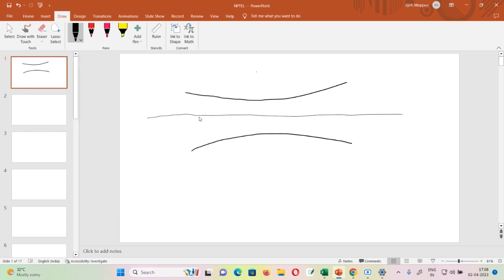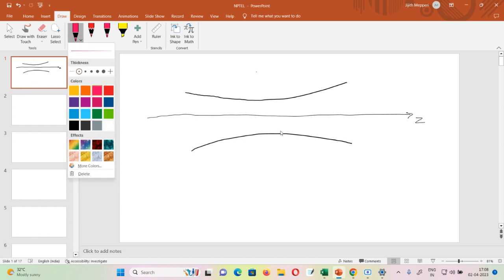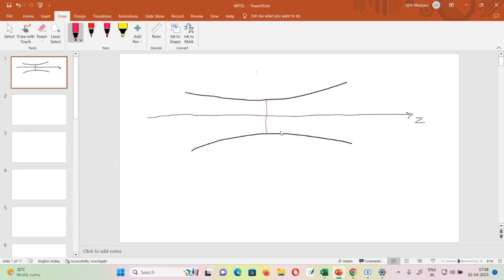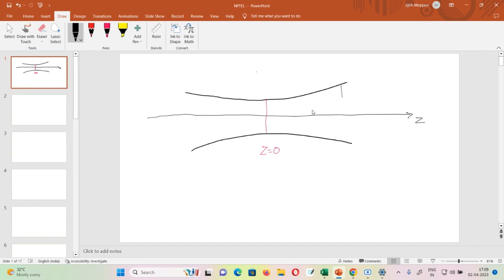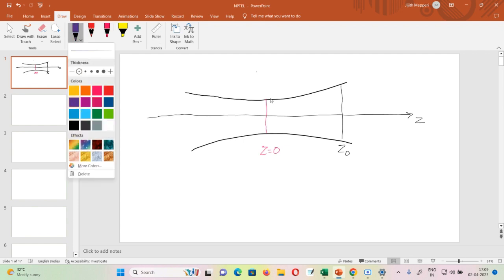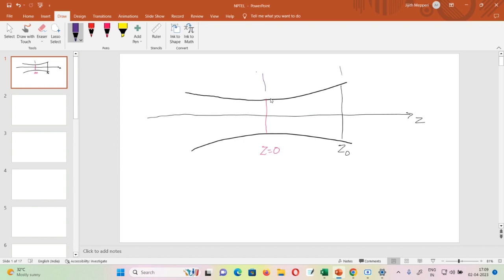This is the z axis. And it will have a beam waist at the point z equal to 0. And we already defined that there is a Rayleigh range at some z0 distance. This distance is called the Rayleigh range.